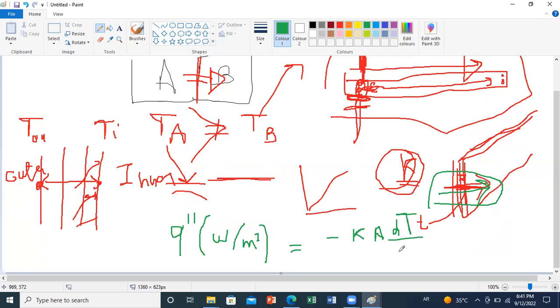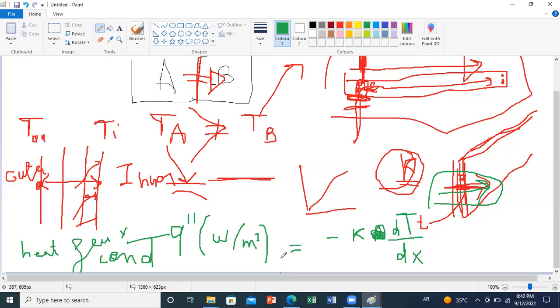And if you want to, sorry, without A, okay? If we multiply by A, then we don't get Q double prime, we get Q, because Q double prime is defined per unit area. This is called the flux of conduction. So this is the heat flux of conduction.